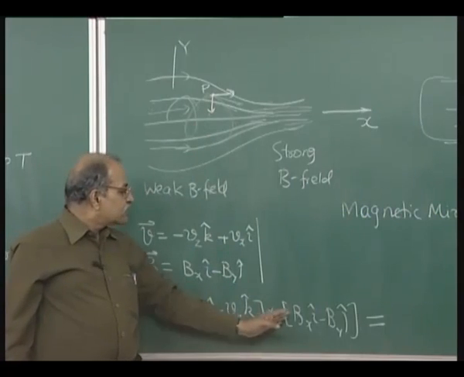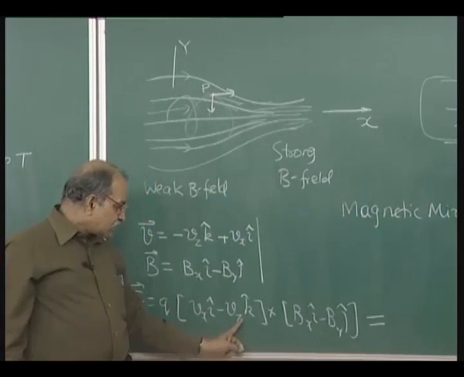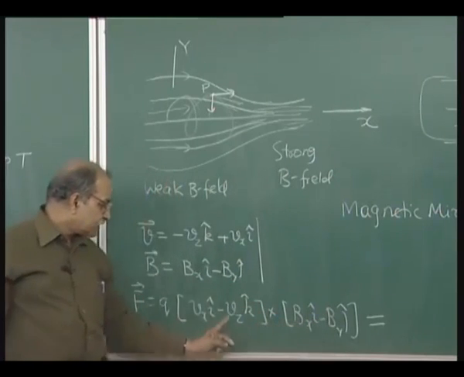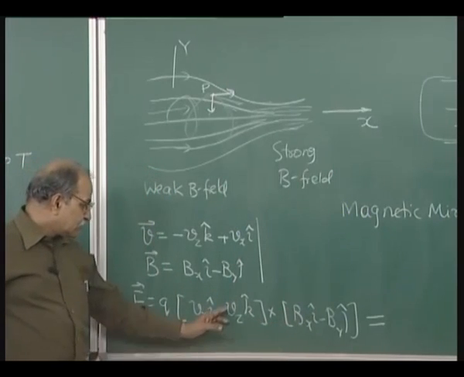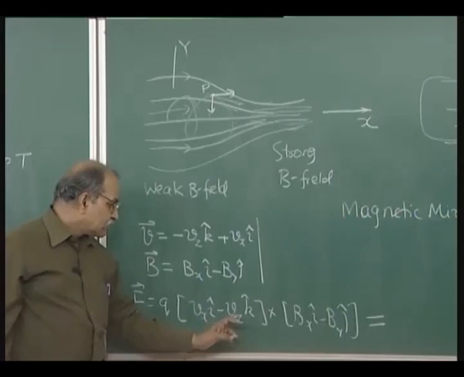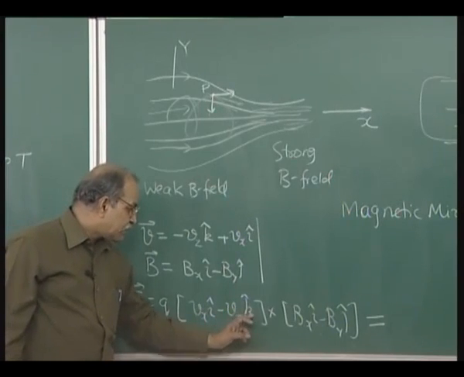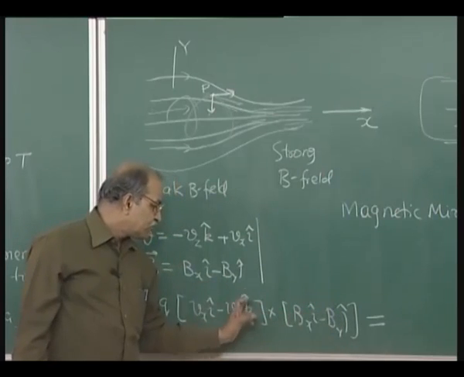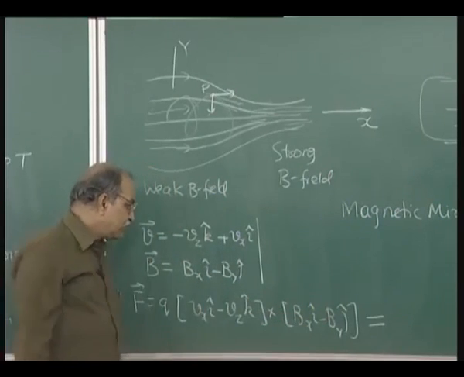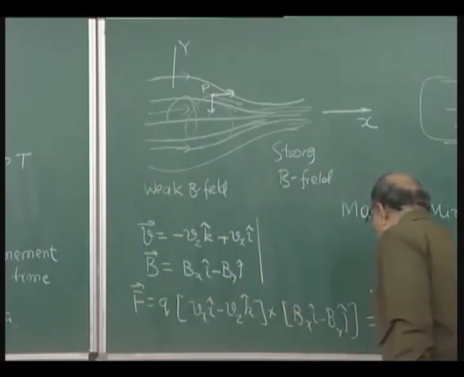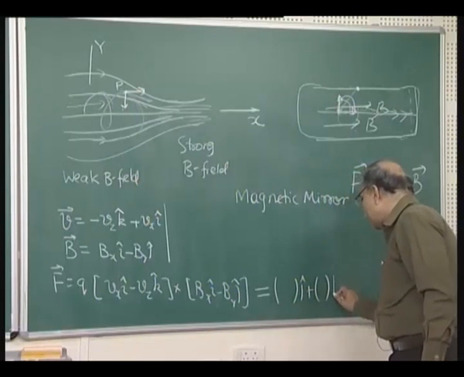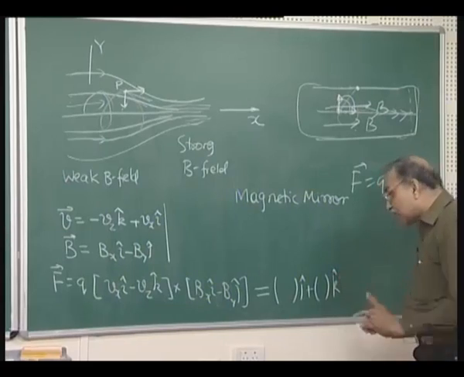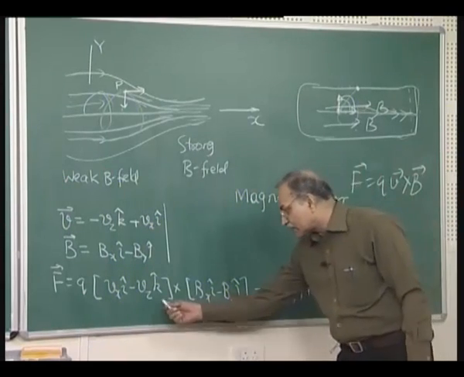So, that minus j cap will be there, and look at that last cross term here. So, minus and minus makes it plus, but then you have k cap cross j cap, which is minus i cap. So, this will be something in j cap direction, something in k cap direction, and the i cap direction I am interested to write explicitly.